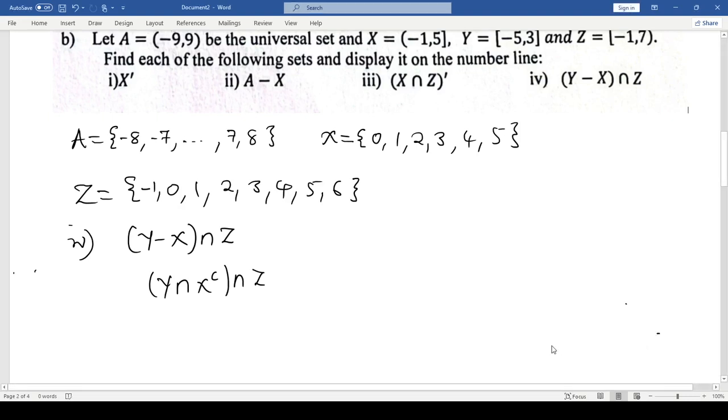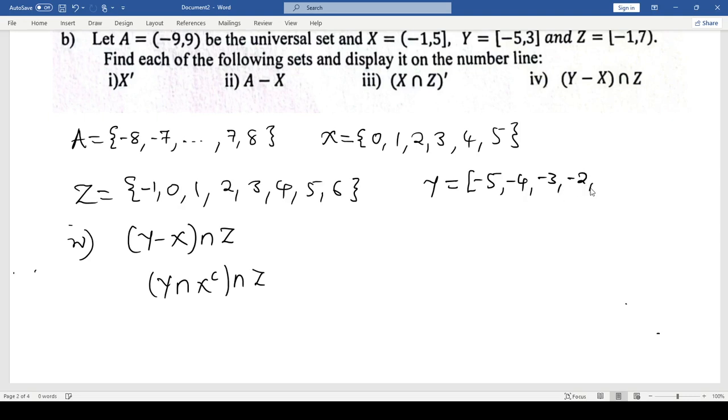Okay, so now y intersection x complement here. Alright, we forgot to list our y there, so let's list y, then we can go ahead and solve the question. So here we have y being equal to -5, -4, -3, -2, -1, 0, 1, 2, 3 like this here.